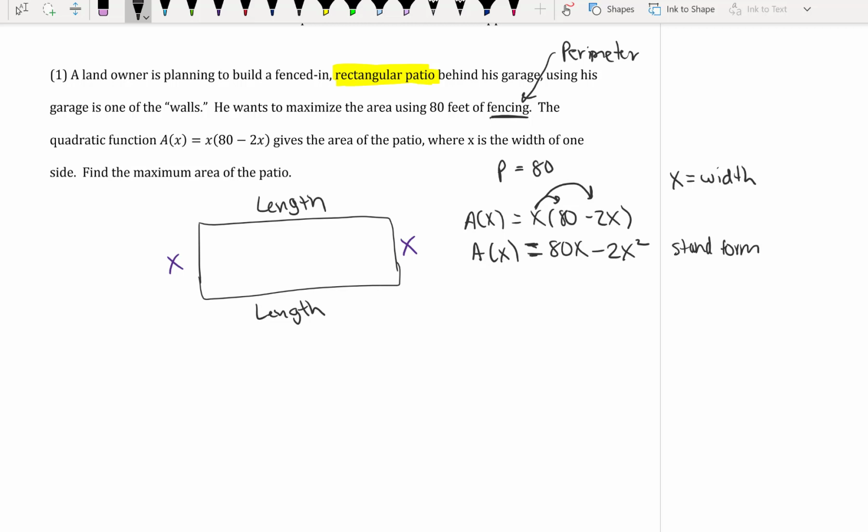That just helps me. So A of x is equal to negative 2x squared plus 80x. It helps me to visualize the equation a little bit more, so I know that I'm dealing with a quadratic.